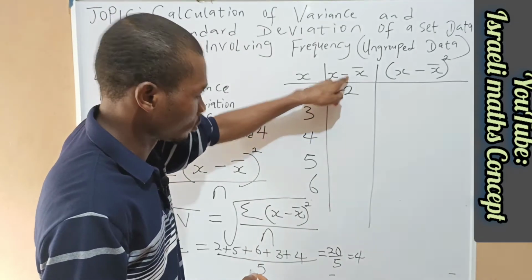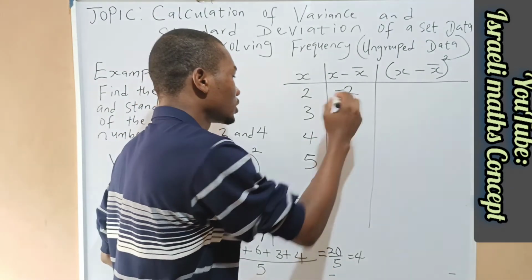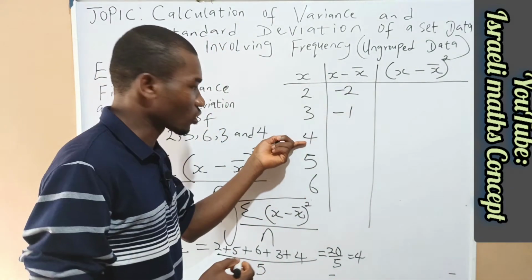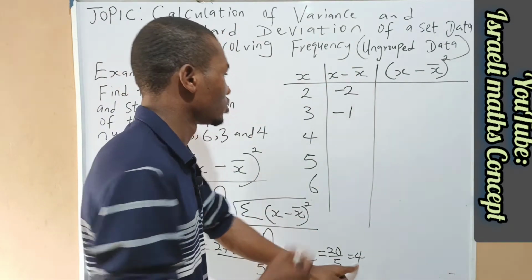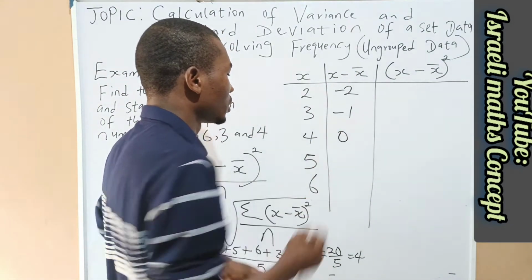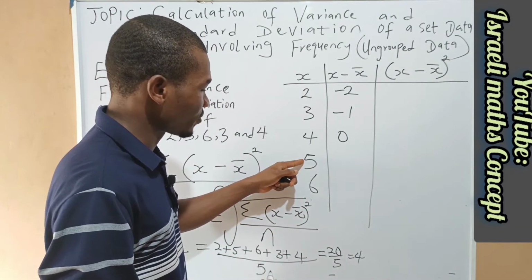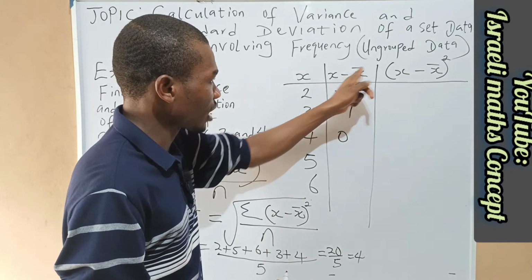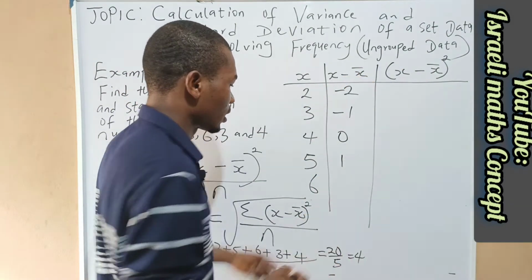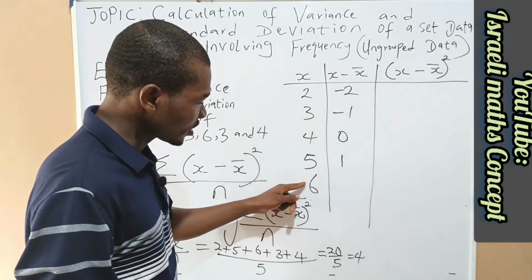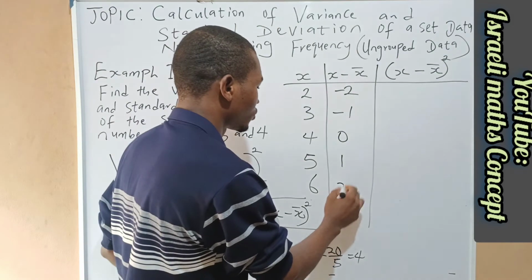And 3 minus our bar x, which is 4, will give us minus 1. The third score is 4. 4 minus 4, which is our mean, is 0. The fourth value or score is 5. And 5 minus our bar x, which is 4, will give us 1. And the next score is 6. And 6 minus our 4 will give us 2.